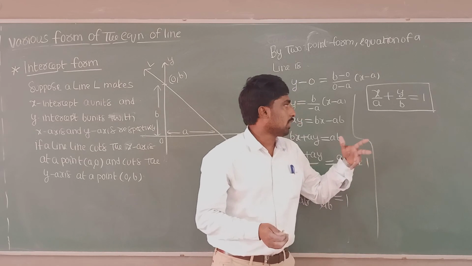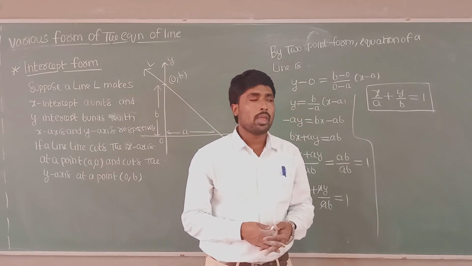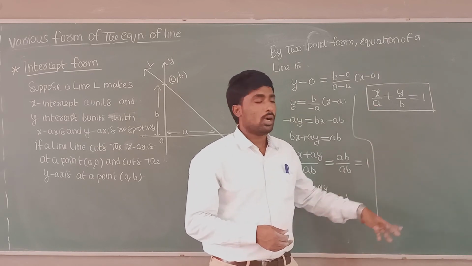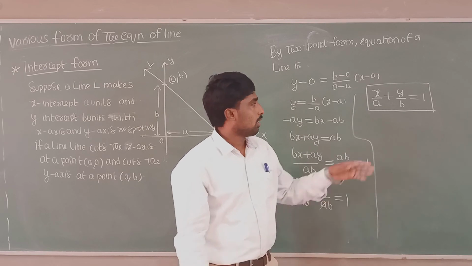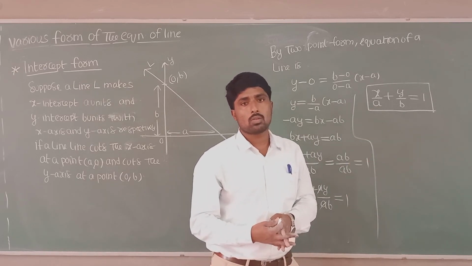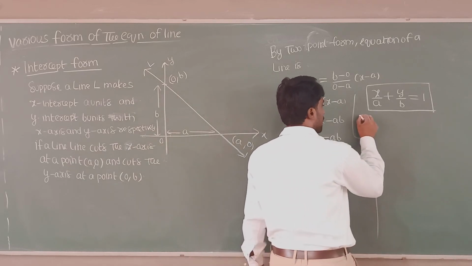Okay, so based on this formula they will ask the question: the equation of a line makes x-intercept a and y-intercept b, then the equation of the line is x by a plus y by b equal to 1. Is it clear everyone? So all of you write the conclusion here.